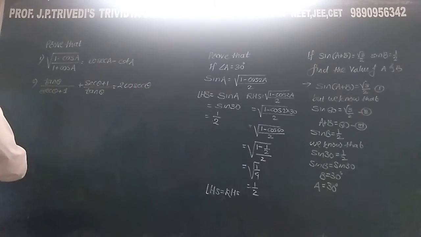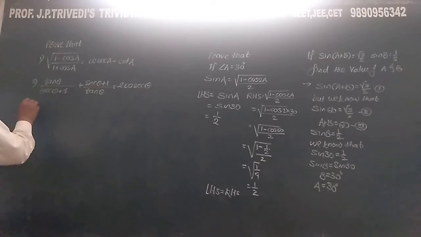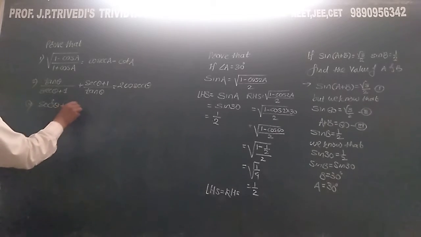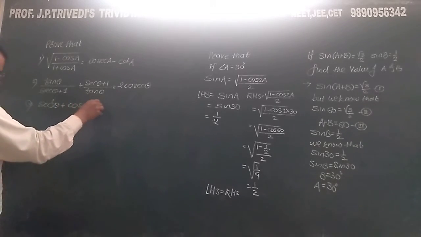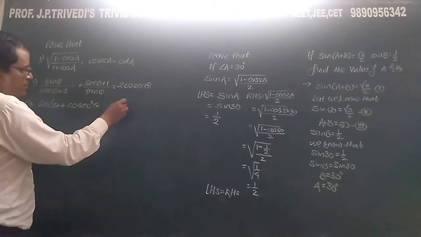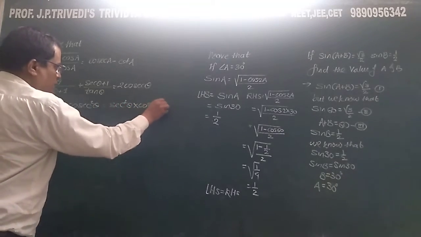And now next, number 3: sec square theta plus cosec square theta is equal to sec square theta into cosec square theta.